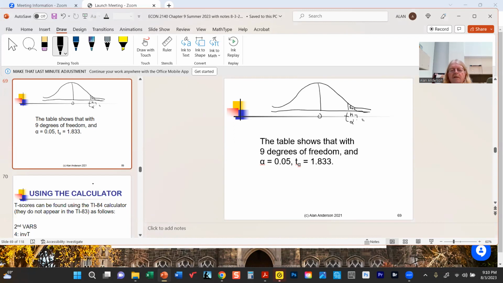So we've got 9 degrees of freedom. We're looking for a tail area of 5%. Oh, sorry, I did not illustrate that correctly. The tail area is the 5%. The t-score, or critical value, is 1.833.